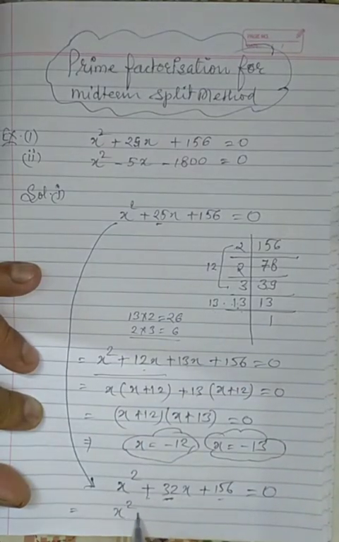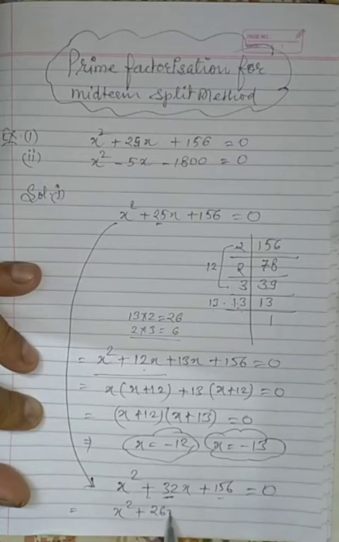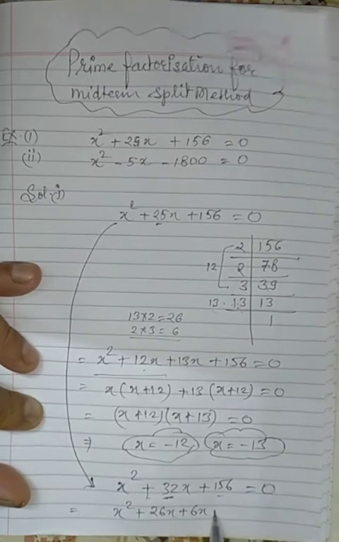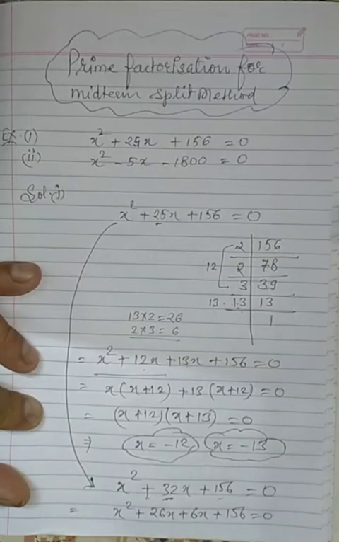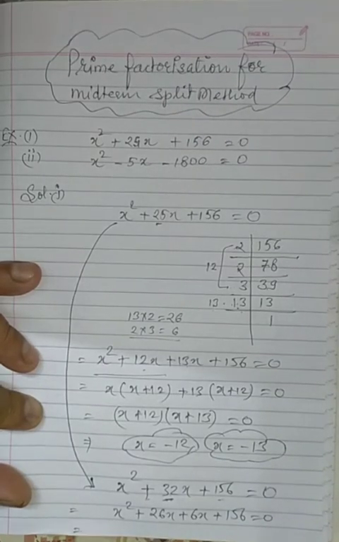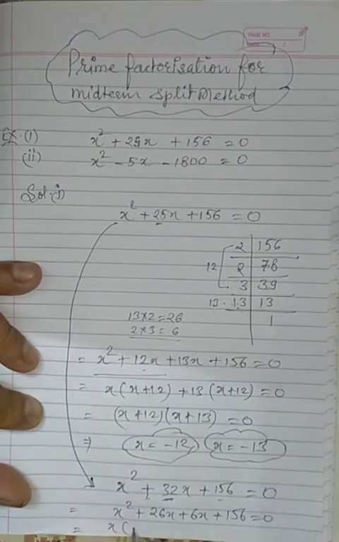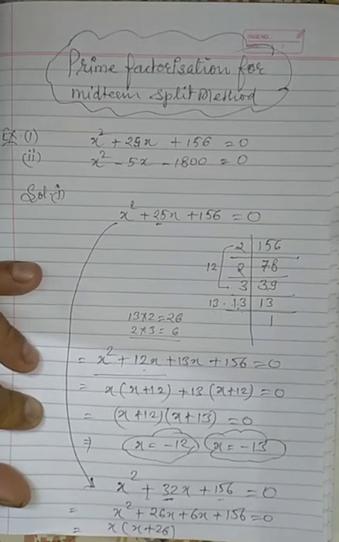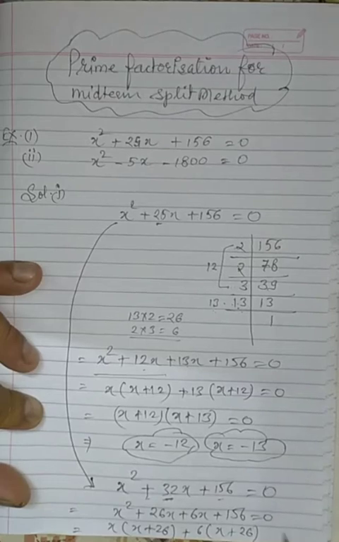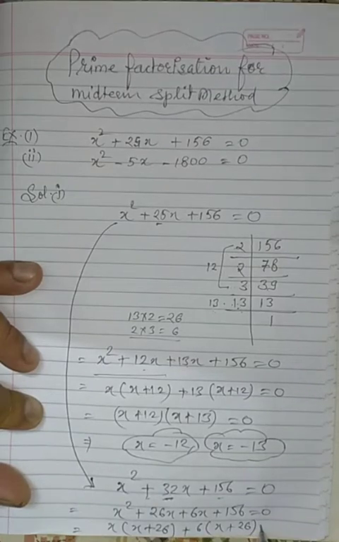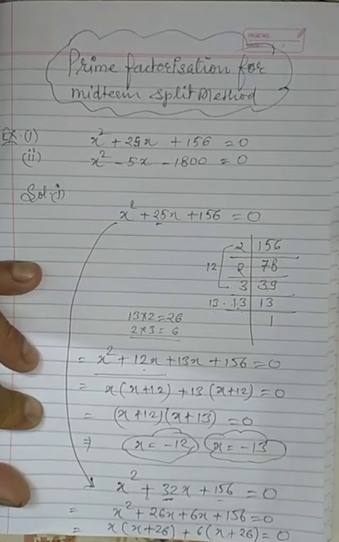So I can write x square plus 26x plus 6x plus 156 equal to 0. That means x plus 26 times x plus 6 is equal to 0.